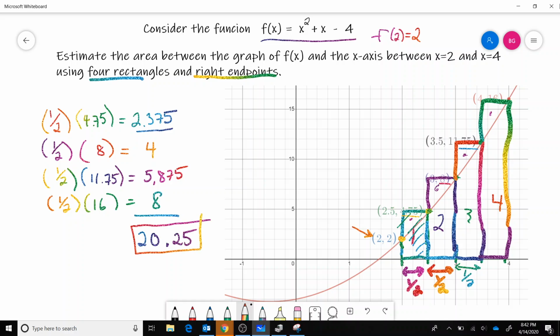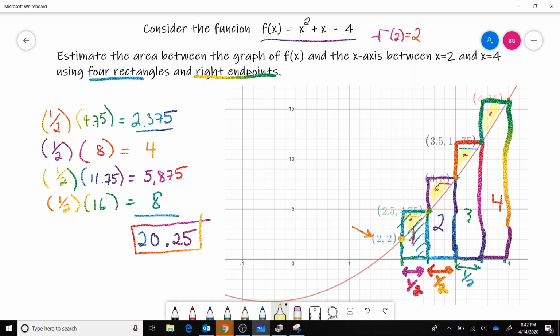If I estimate the area that's between 2 and 4 and bound by the x-axis in this graph, I come up with an estimate of 20.25 if I use the right endpoints. Now again, the real area, guys, is less than 20.25 because when I look at this right here, I got all of this area that I measured. That's extra area. That's not under there. So this is too large of an estimate, but it's an estimate of the area under there.